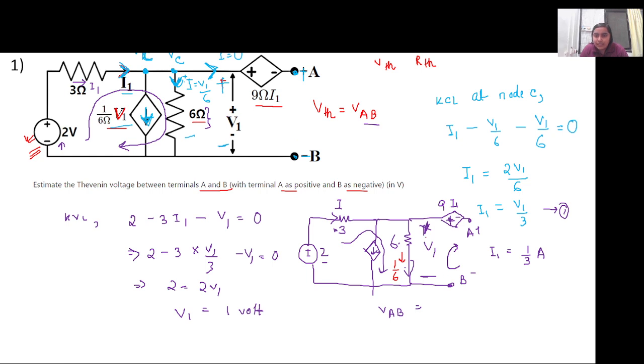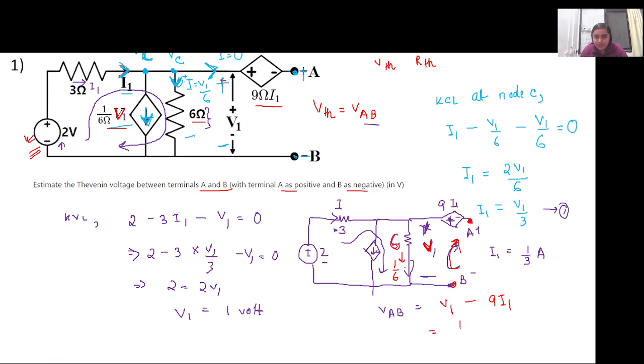So the voltage that we will face while moving to calculate VAB is this V1 voltage, V1 minus 9I1, right? Because the voltage drop across the 6 ohm resistor is V1. So V1 minus 9I1 is the voltage across the terminal AB.